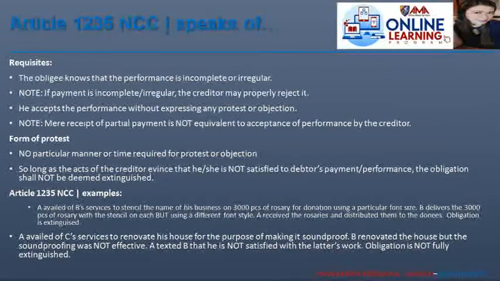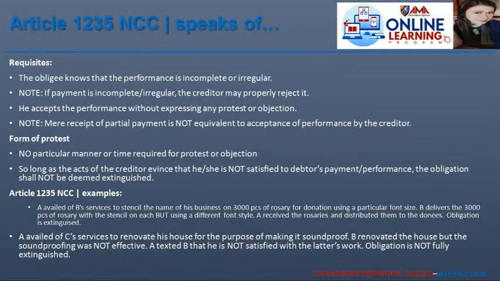So, Article 1235 of the New Civil Code speaks of the following requisites. Kailan natin masasabi na meron ng fulfillment ng obligation kahit pa nga irregular or incomplete yung nabigay ni debtor? Okay, so ano mga requisites? Una, the obligee or the creditor knows that the performance is incomplete or irregular.